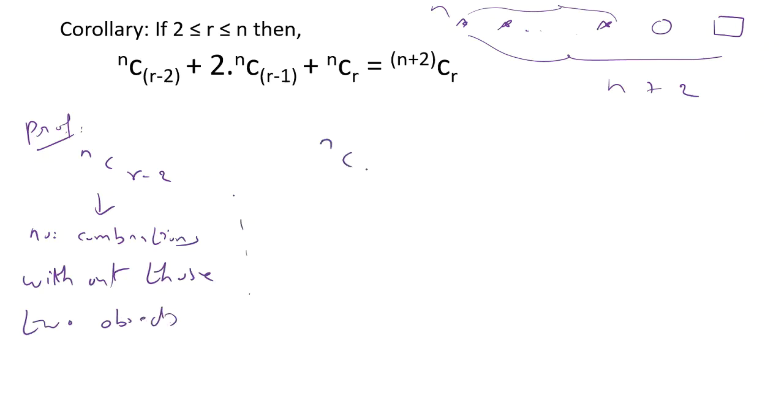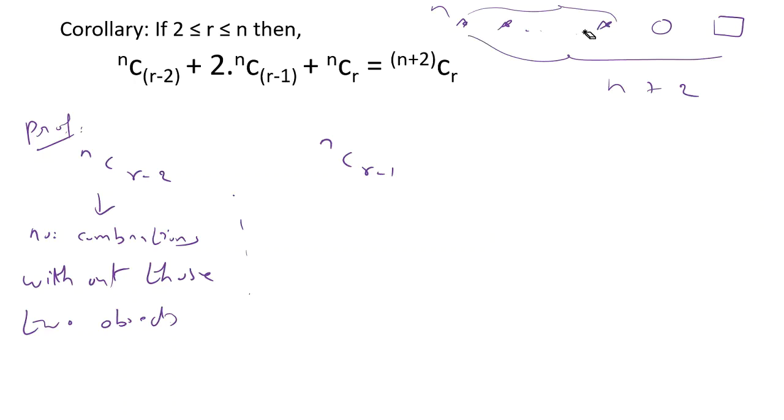Now, n choose r minus 1. Let us look into this one, n choose r minus 1. N choose r minus 1 means I am selecting r minus 1 objects out of these n objects. I repeat, n choose r minus 1 stands for selecting r minus 1 objects out of these n objects. But my target is to select r objects.